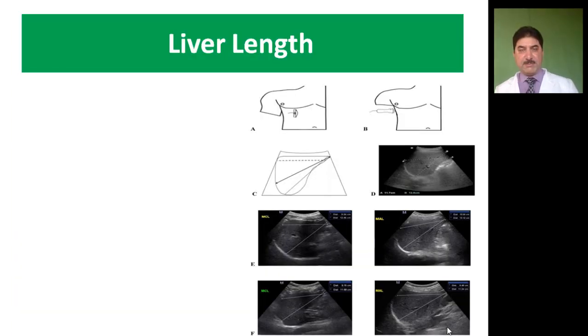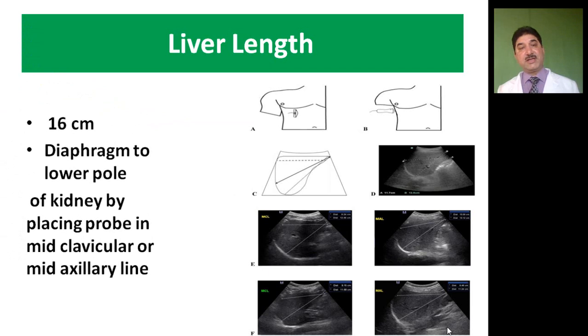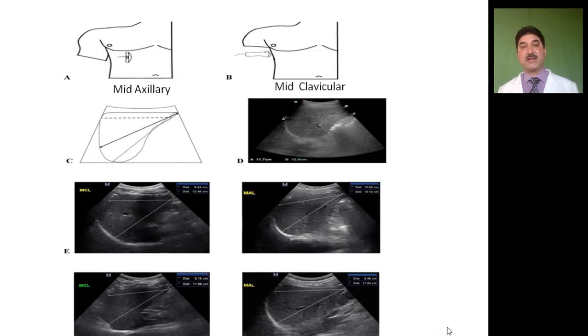Now in anatomy you will not find the term length of the liver because it is an irregular organ. But in sonographic anatomy we say the length of the liver is 16 centimeters. We take this length from the diaphragm to the lower pole of the liver by placing a probe in the mid-clavicular or mid-axillary line. As shown in this diagram, the probe is placed in the mid-axillary line.